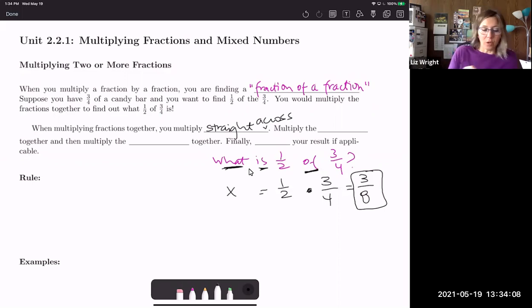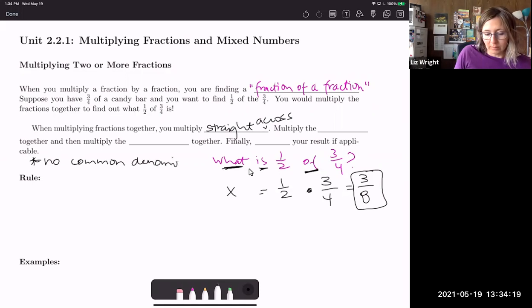So again, no common denominator is needed. If that's something you might do, I would write that in. No common denominator is needed.